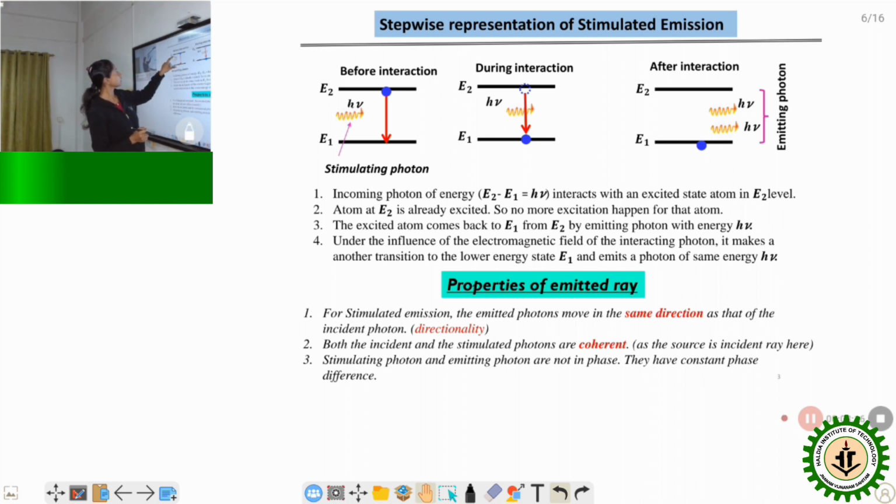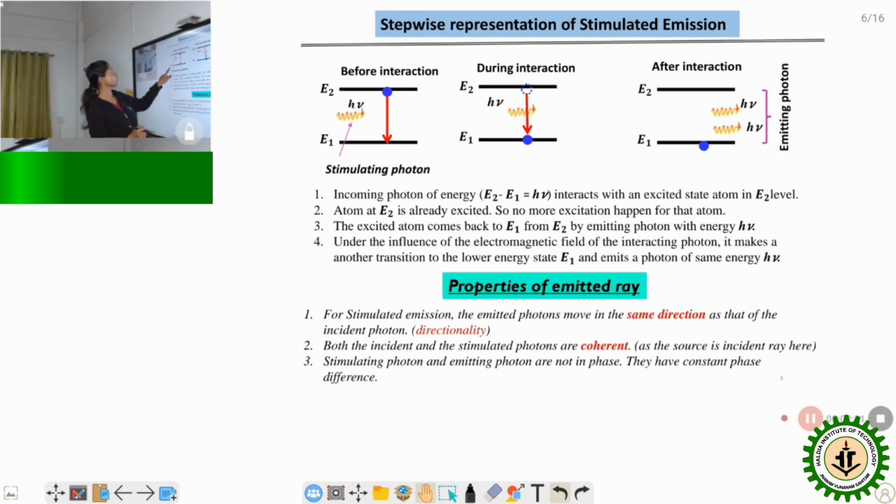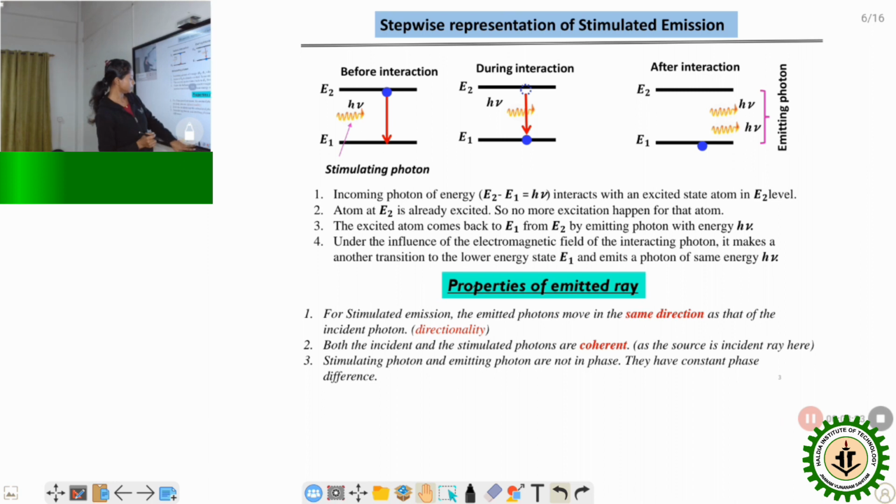A photon with the same energy, that is the energy E2 minus E1, comes in and interacts with the excited state atom, and then we get two emitted photons with the same energy.